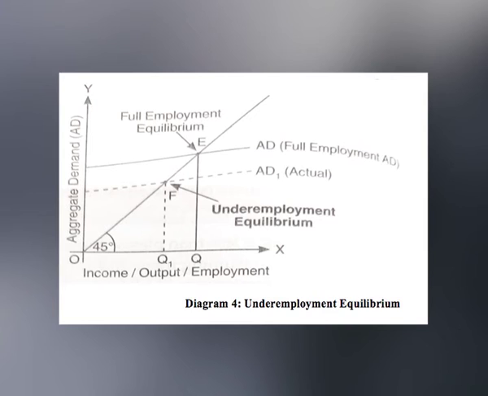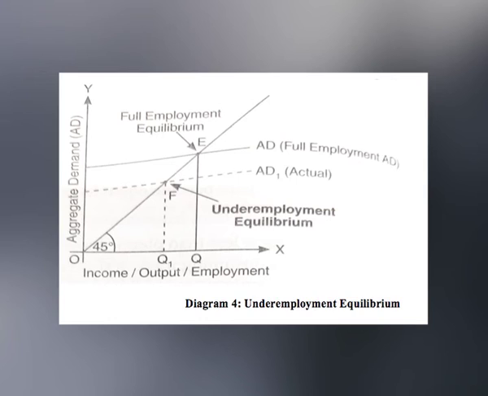Diagram 4, underemployment equilibrium. The x axis measures the level of output and the y axis measures aggregate demand. AS is expressed as a 45-degree line, whereas the AD line represents aggregate demand. Both the curves intersect at point E, which yields full employment equilibrium, because aggregate demand is equal to the full employment level of output at this point.